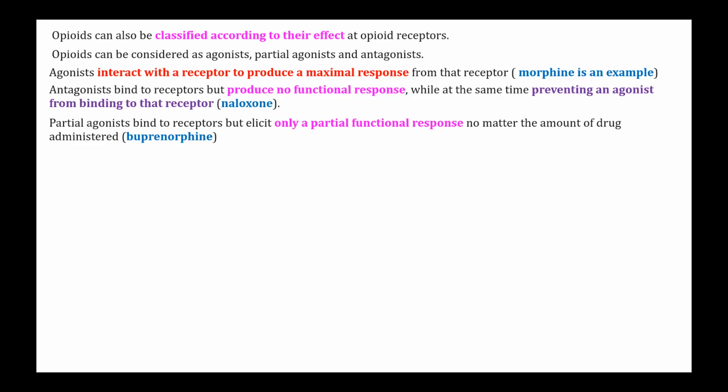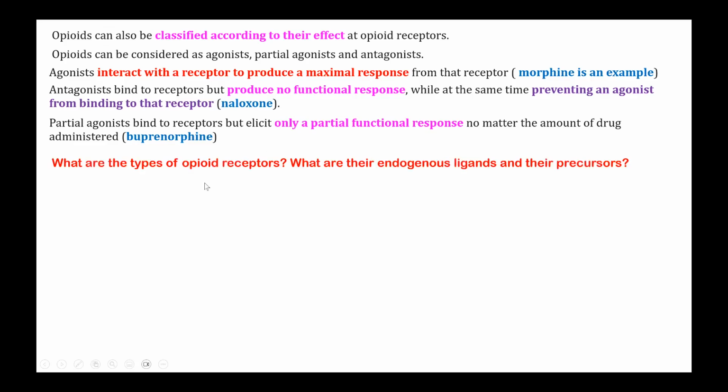Yes, the partial agonists have what is called the ceiling effect. After a particular dose, however much you increase the dose, it will not increase the quality of analgesia, rather it will produce only the depression. Whereas with morphine, by increasing the dose, you can increase the intensity of analgesia also. That is the major difference between morphine and buprenorphine.